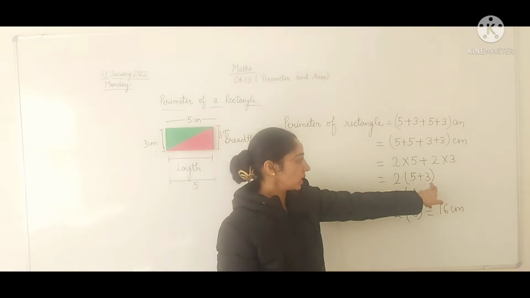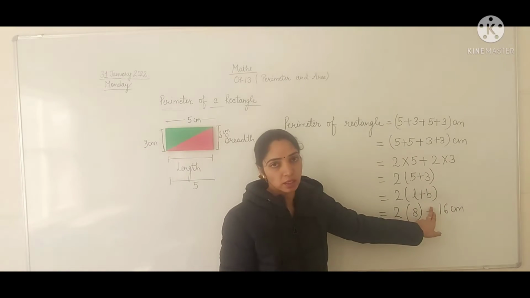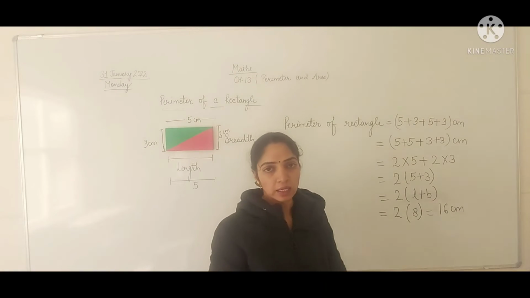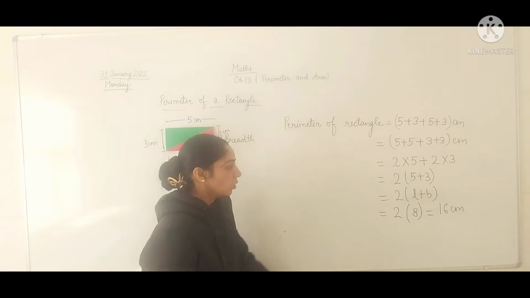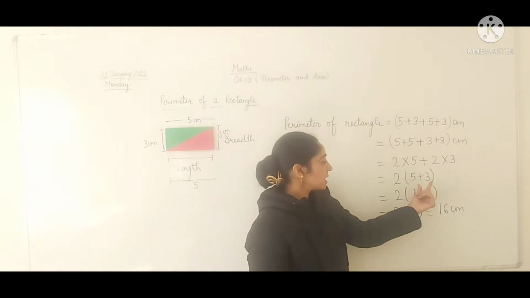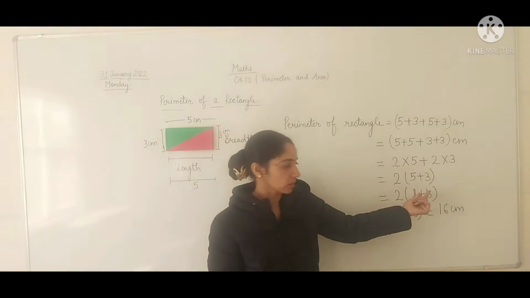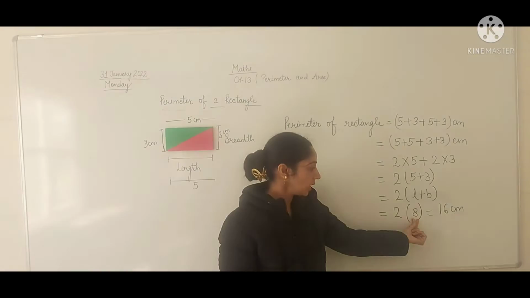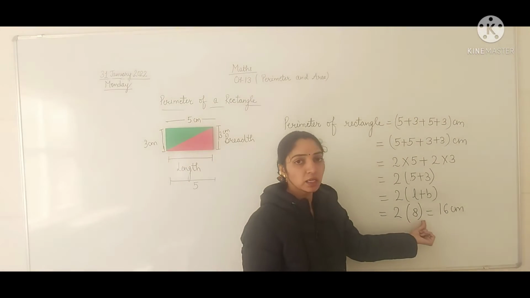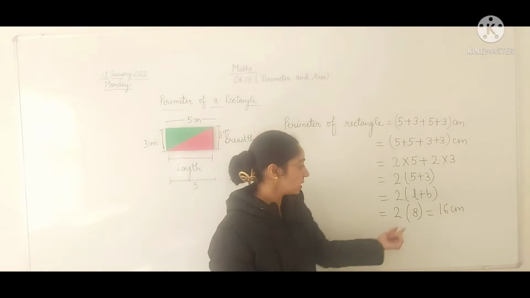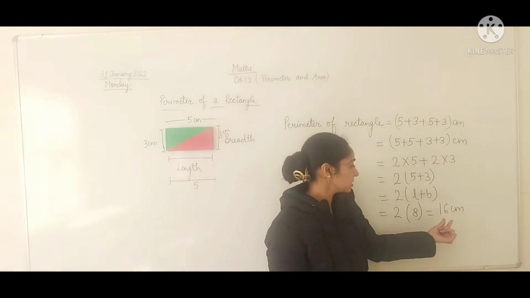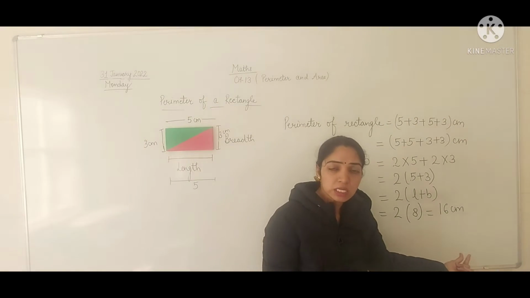Okay, what was 3? Breadth. So for breadth we write B, and for length we write L. Okay, so what is the addition of this length and breadth? 5 plus 3 is 8. So 2 bracket 8. And what does it mean? It means multiply. 2 multiply 8 is equal to 16.